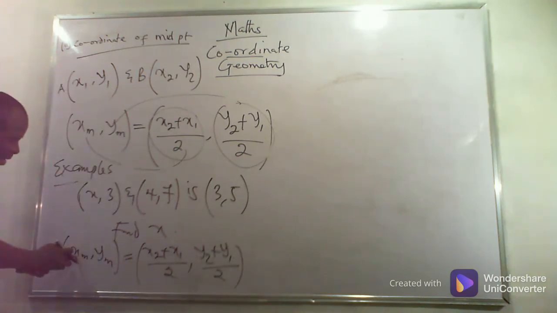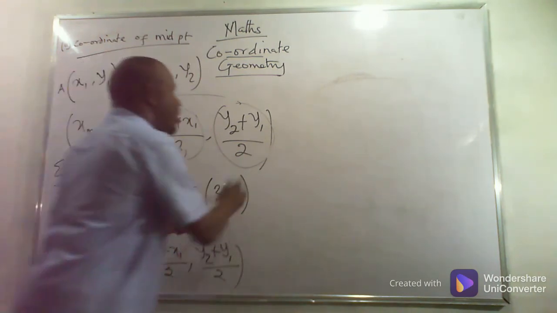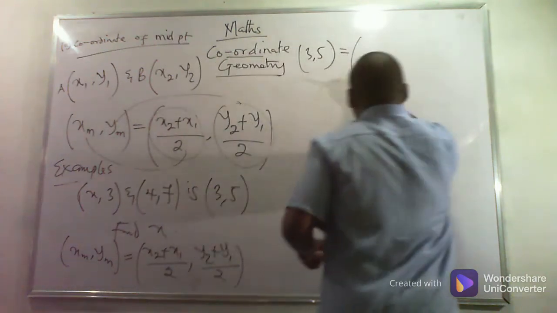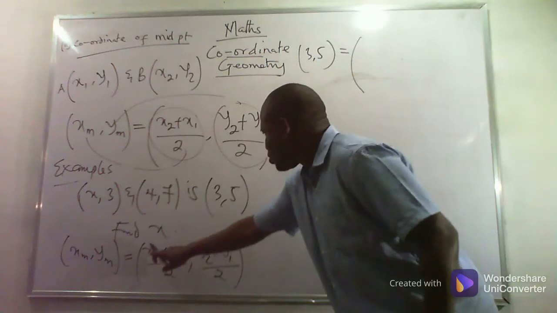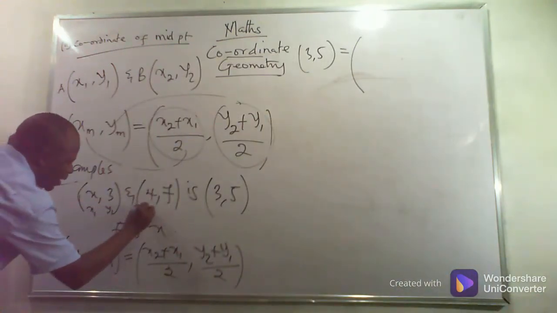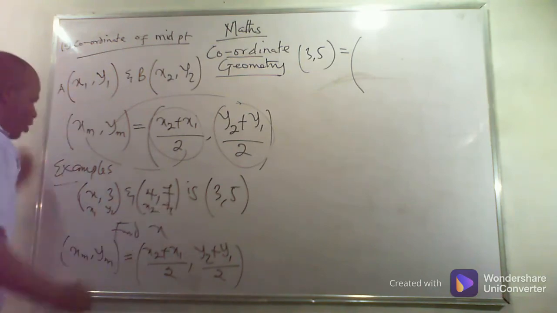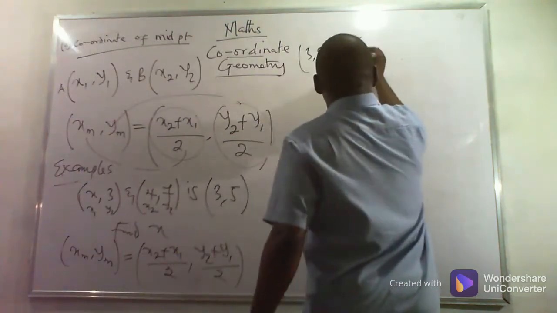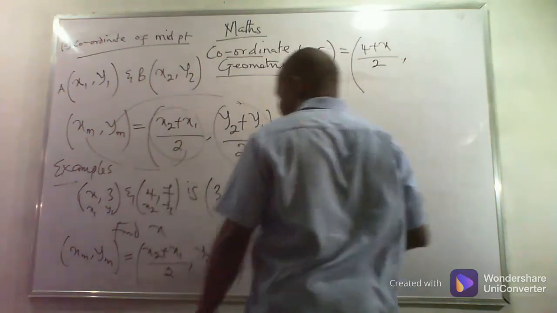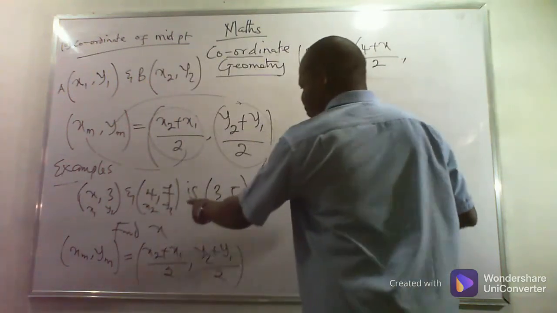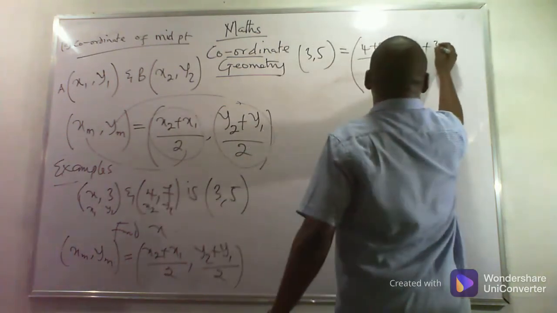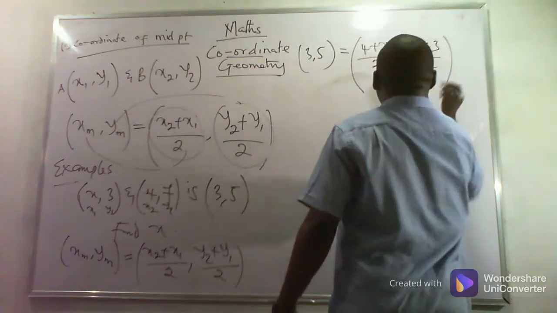So now we have been given xm, ym: 3, 5 equals, you open the brackets, let's name them x1, y1, x2, y2. So what's x2? 4 plus x divided by 2, comma, what is y2? 7 plus, what's y1? 3 divided by 2.